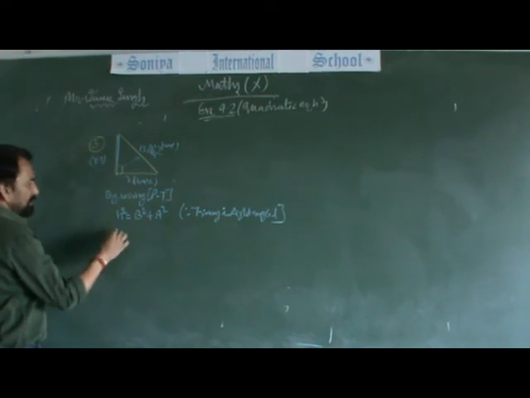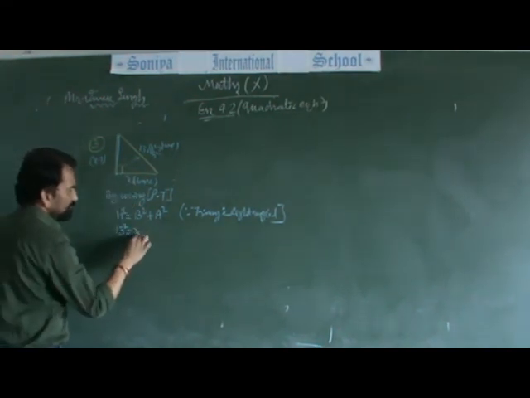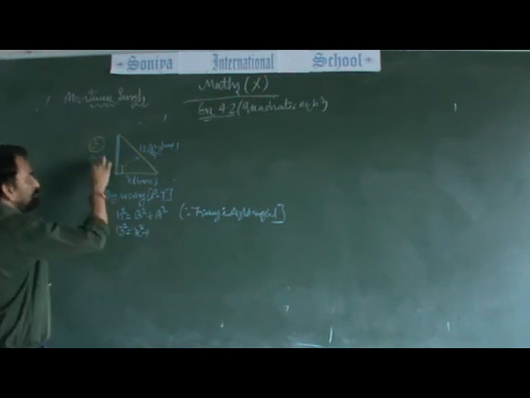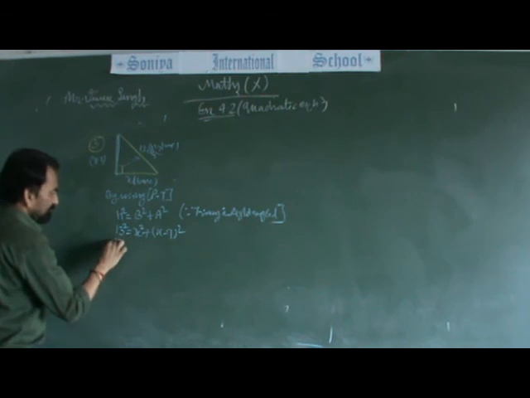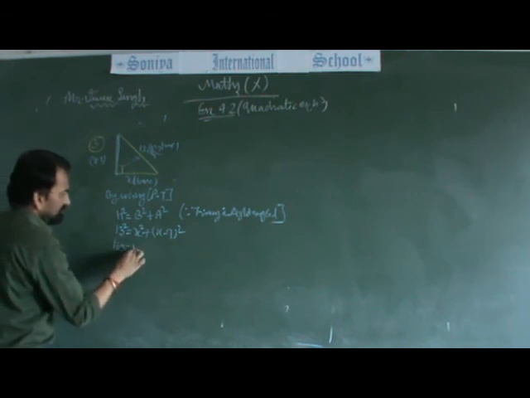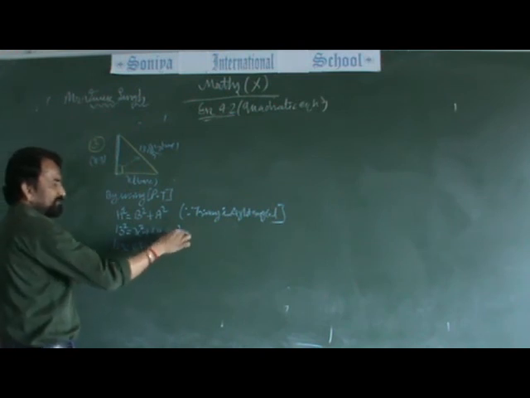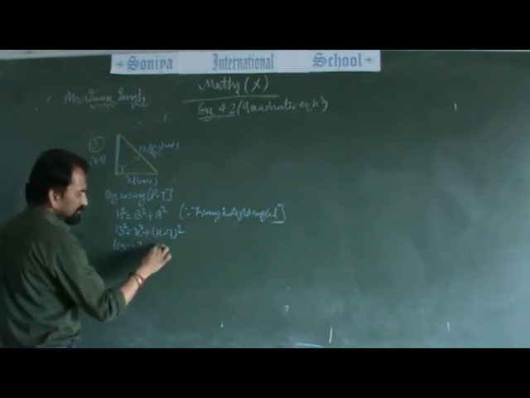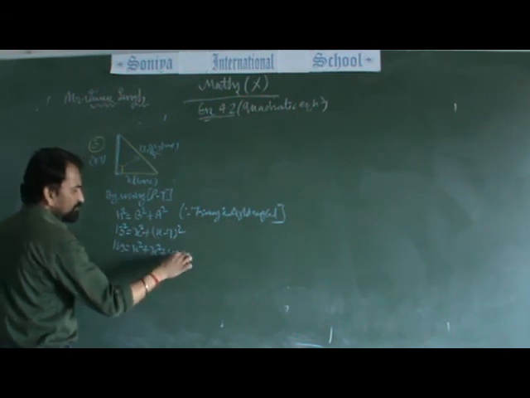Substitute the value. Hypotenuse is 13, base is assumed as x, so altitude becomes x minus 7. 169 equals x square plus (x minus 7) whole square. (a minus b) whole square is equal to square of a plus square of b minus 2ab.